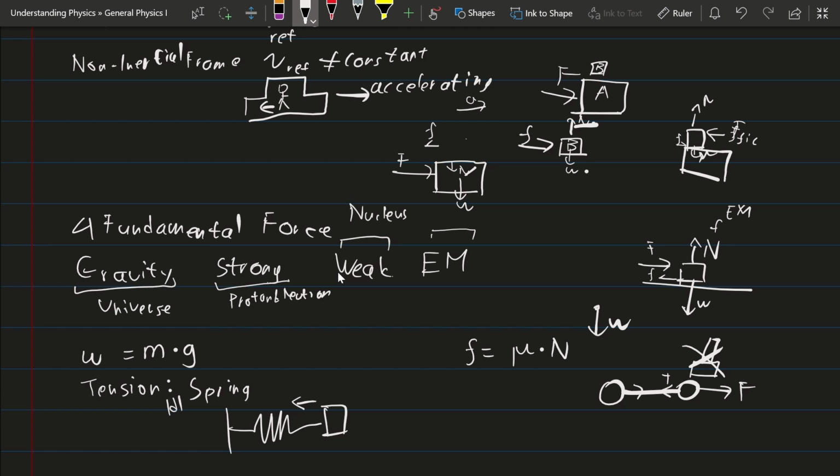Let's say you have a spring with a certain length, and then you pull this object a certain distance, let's say x, in this direction. This object has a mass. This will exert a force going backwards, which is equal to minus kx.